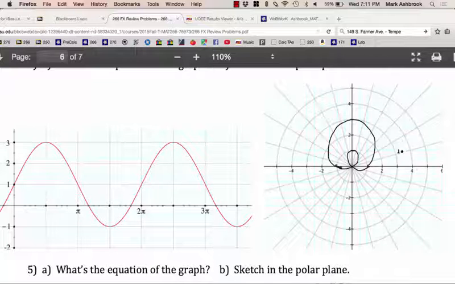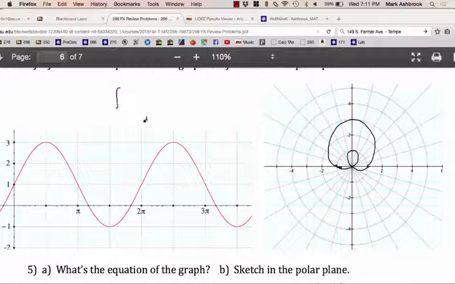Okay, so what would we get if we did the integral from 0 to pi over 2 of 1/2 of the function?